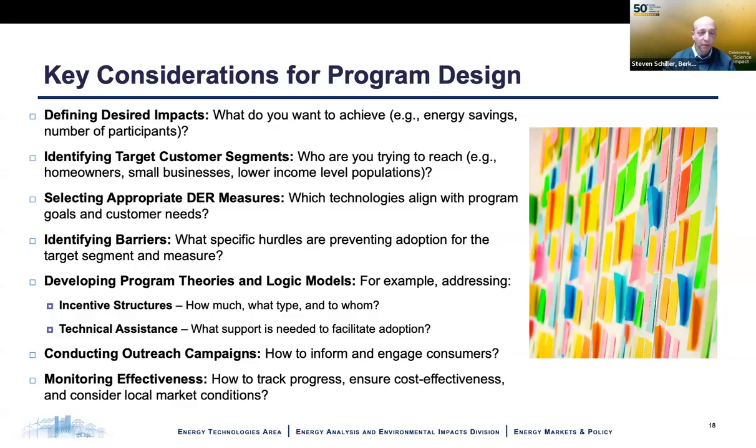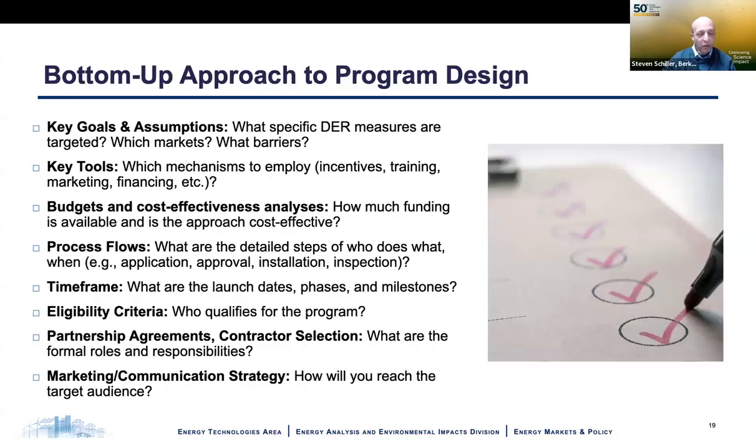as you move forward. So this is another way of presenting some of the similar points, just again a possible checklist for what I'm calling a bottom-up approach to program design. Starting with your goals and assumptions, which tools you're going to employ, coming up with your budgets, doing the cost-effectiveness analysis, how much funding is available, and what approaches are going to be cost-effective.